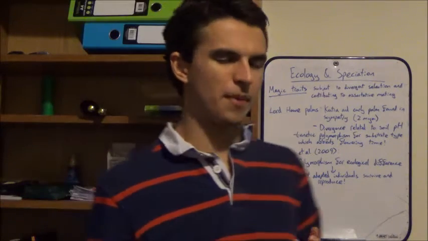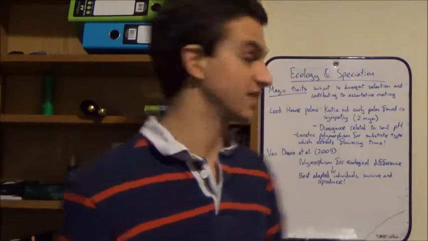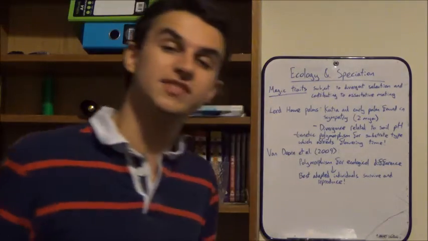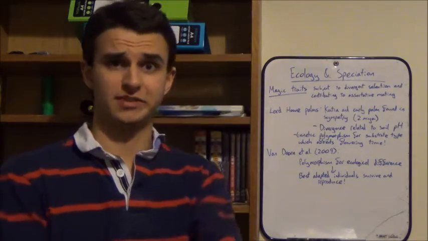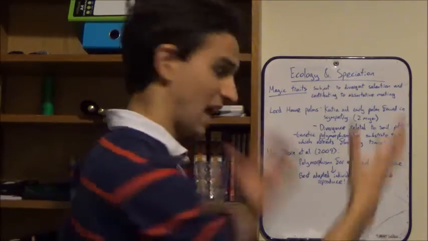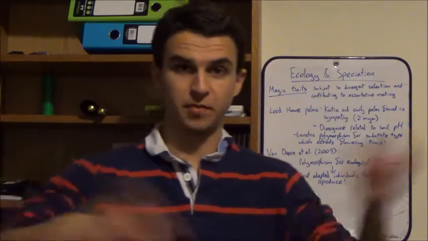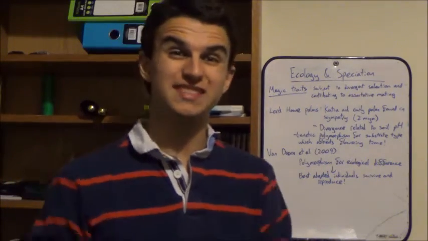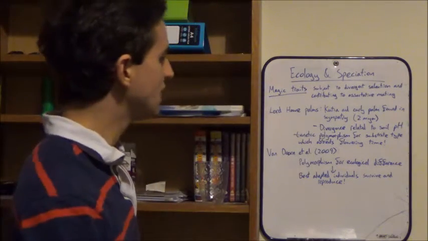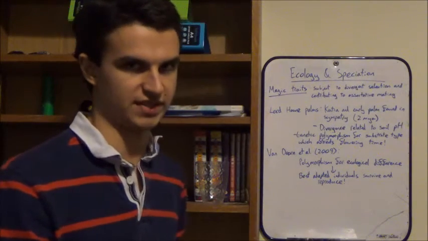Now, you've got to remember, it's quite difficult measuring something like a Lord Howe Island palm, because obviously they take years to grow, so it's difficult to just get some palm seeds, put them in the lab and see what happens, because it would take ages. So we can only infer things from these kinds of studies.